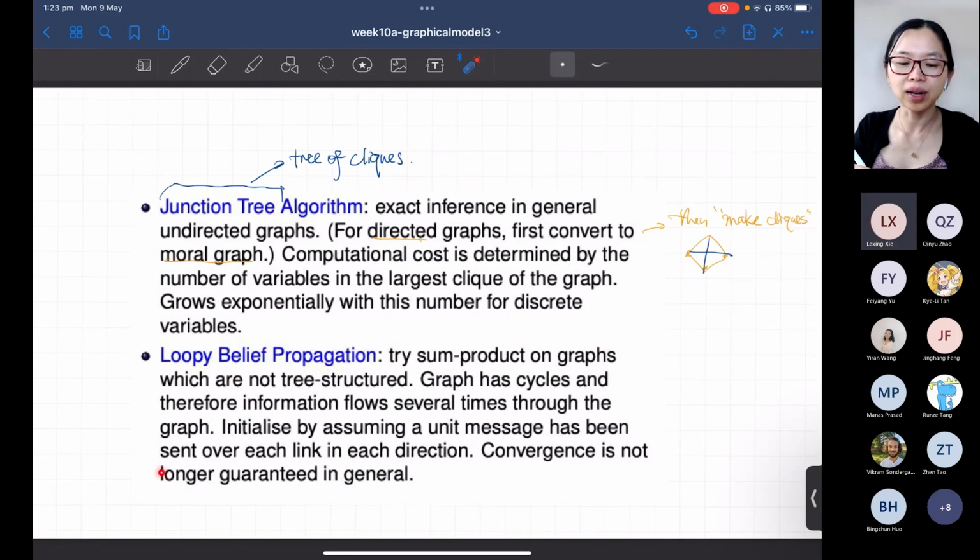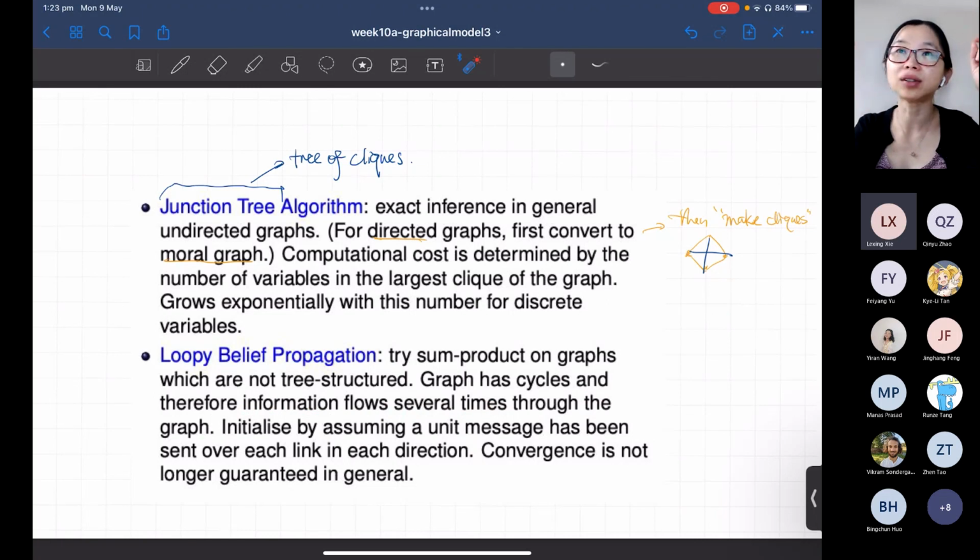So then let's say something again about loopy belief propagation, or what if factor graphs have loops? Basically, with loopy belief propagation, we can just try the sum-product algorithm on graphs which are not tree structured. When things are not tree structured, we can still create messages and propagate them using exactly the same algorithm. The graph has cycles, and then information flows several times through the graph.